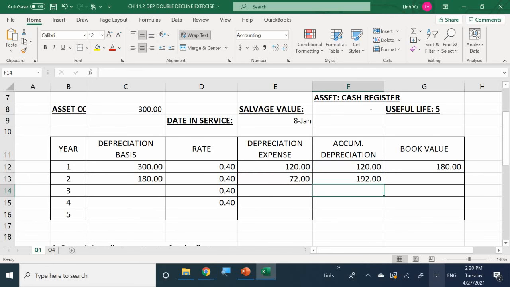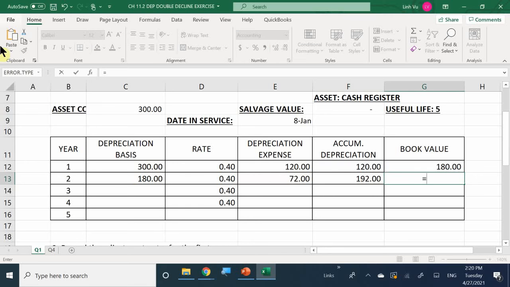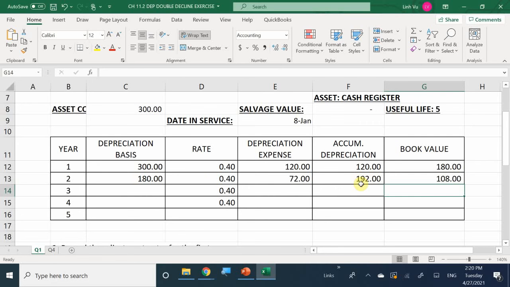So therefore, what should be my book value at the end of year 2? 108. Yes. We start with my 300 and subtract out a total of 192, which in fact gives us 108.